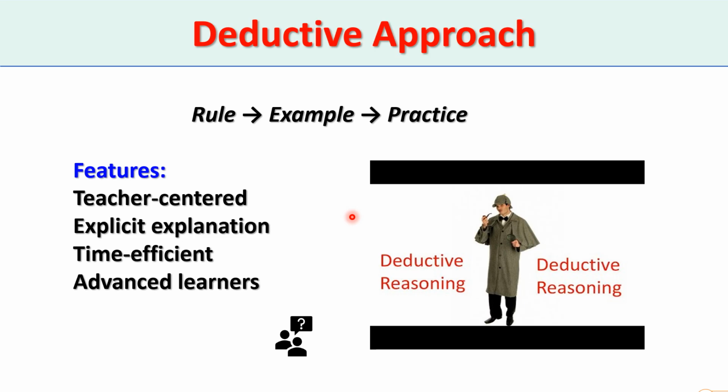Number 2, solving examples: after the teacher gives the rule, the teacher shows examples to the students so that they can work together. And number 3, guided practice. The teacher will give a paper to the students to practice what they understood from the teacher's explanation. And the last, let students practice alone.